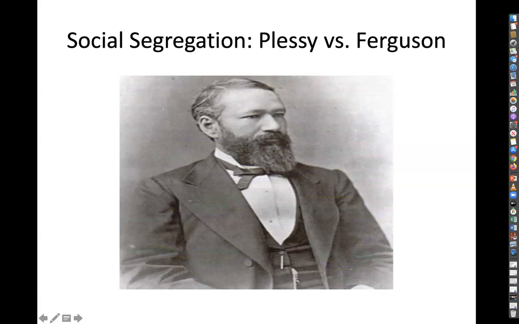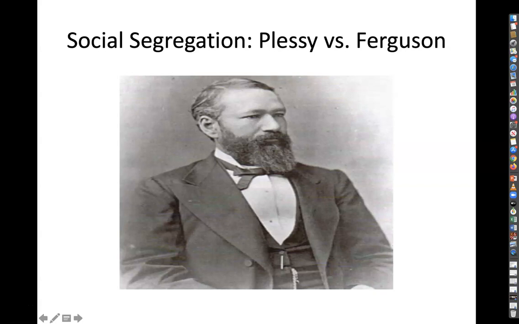Okay, so this is how social segregation becomes not only spread legally throughout the South, but a way that an obstacle that could potentially dismantle such state laws, namely the Supreme Court, was able to be staved off as a threat, okay, through the Supreme Court itself, Plessy versus Ferguson case.